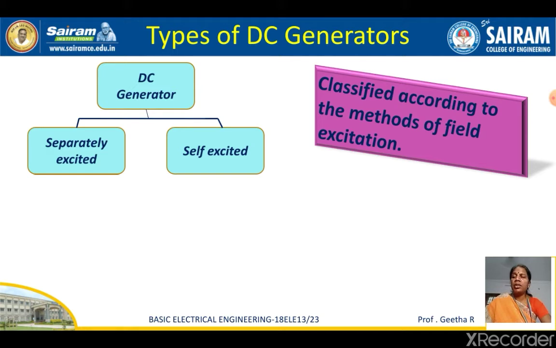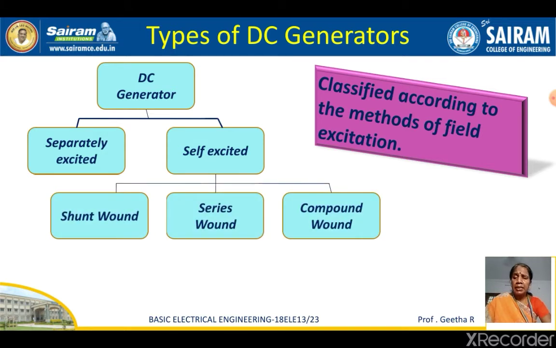Separate supply for the field will be there. Self-excited, from the armature itself, from the system itself, it will get that excitation. So self-excited is again classified into shunt wound, series wound and compound wound.